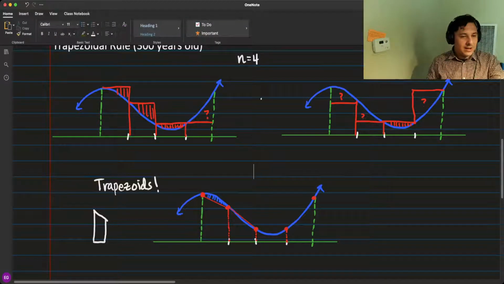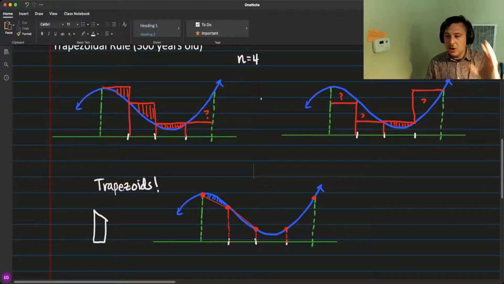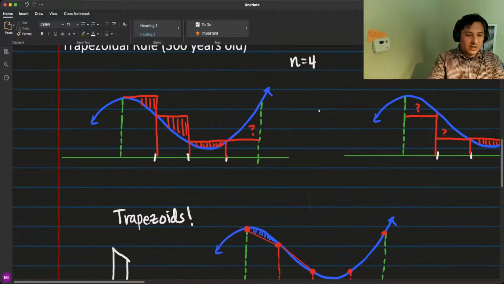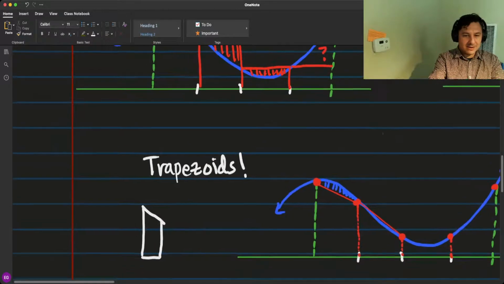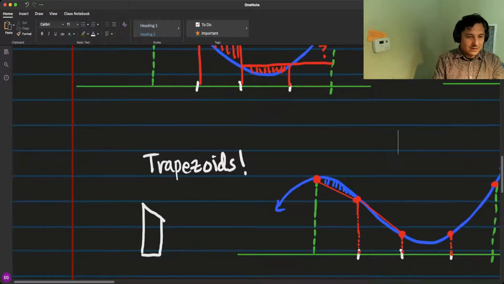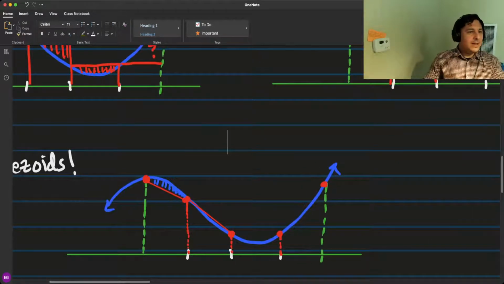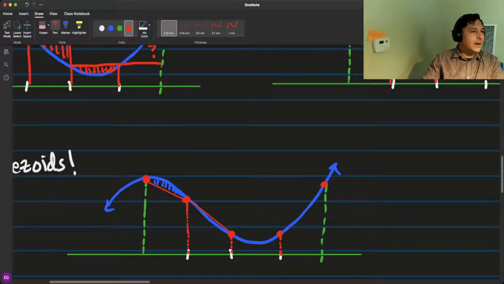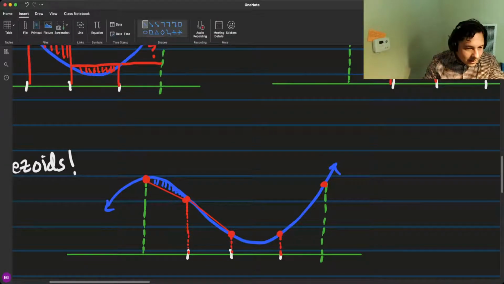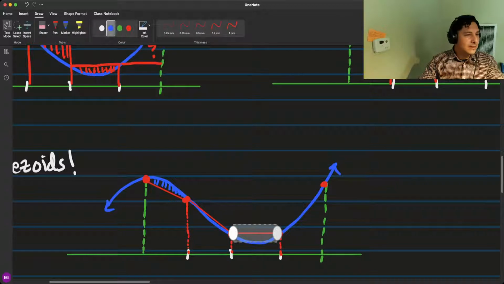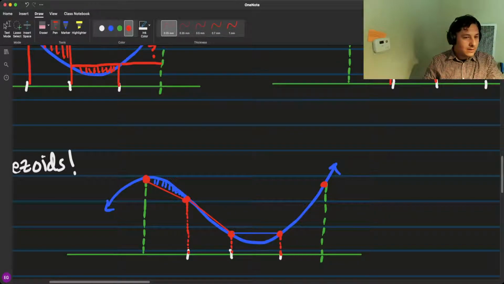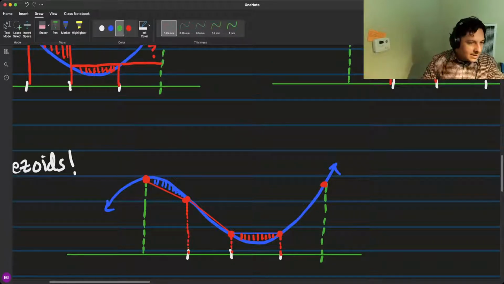Let's zoom in, the top of the trapezoid almost perfectly follows the function. Then you go on to the next one. Okay, this one's not as good. It's a little bit of an overestimate right there. This one was an underestimate right there.